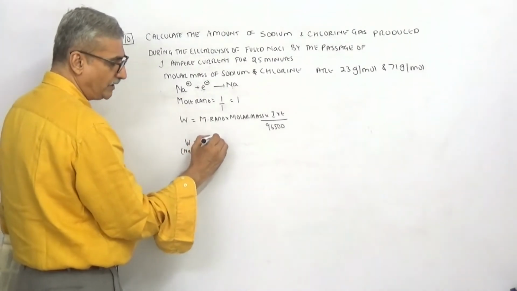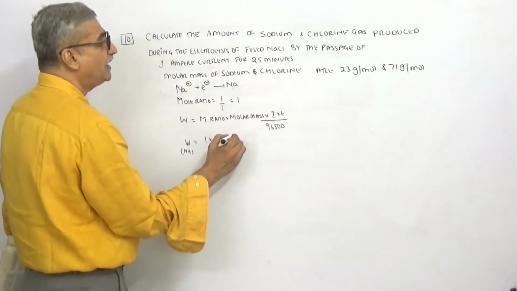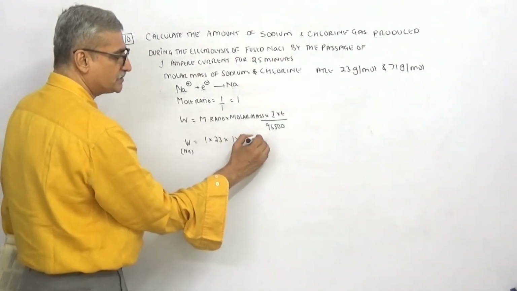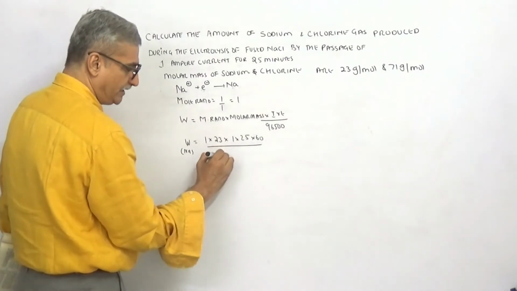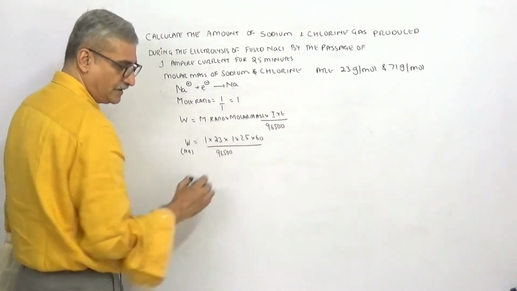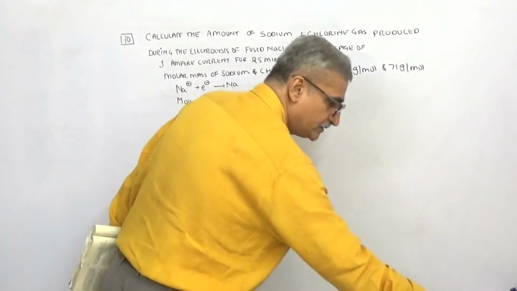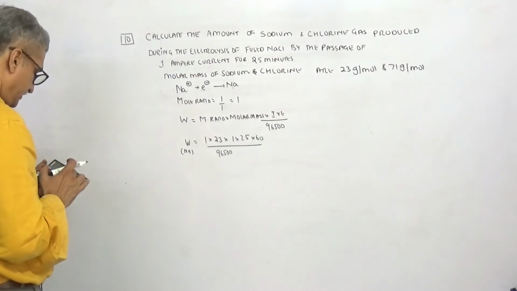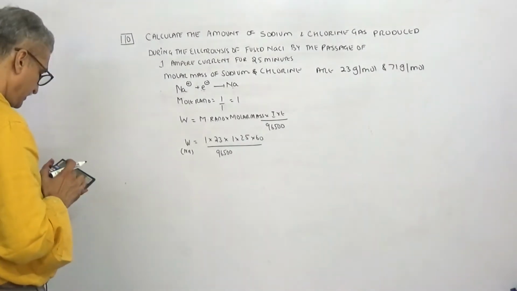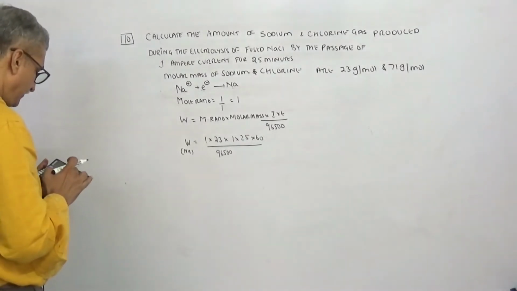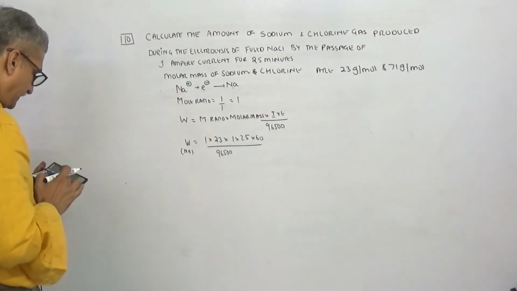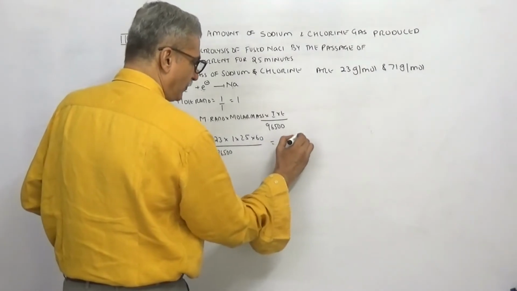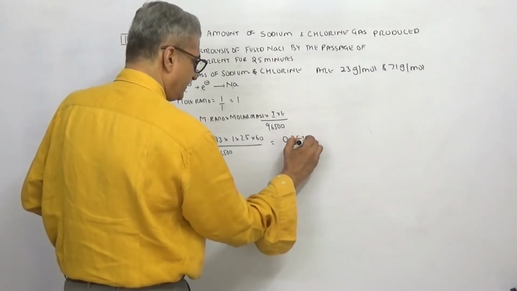So mole ratio 1, molar mass is 23, I, the current, was 1 ampere, into 25 into 60, divided by 96,500 coulomb. So how much does it come to? 23 into 25 into 60 divided by 96,500. So that is 0.3575 grams.